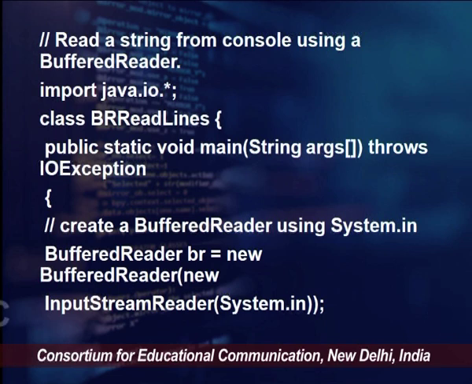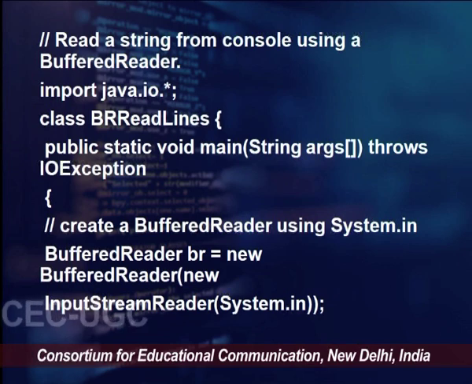Then public static void main throws IOException. Then we have to create a BufferedReader object using System.in, for which we write the statement BufferedReader br = new BufferedReader, and within the parentheses we supply the InputStreamReader: new InputStreamReader(System.in). I also explained this in our previous lecture, because in this way we have wrapped these objects within one another.